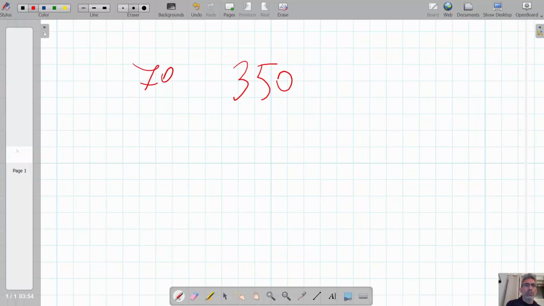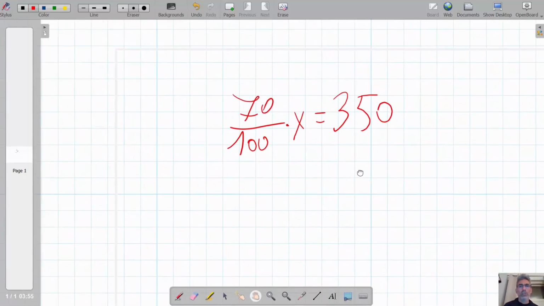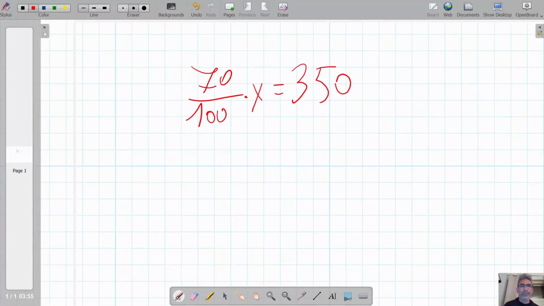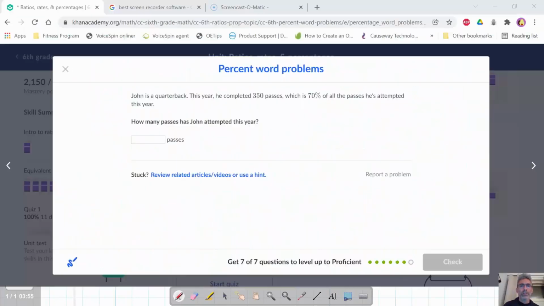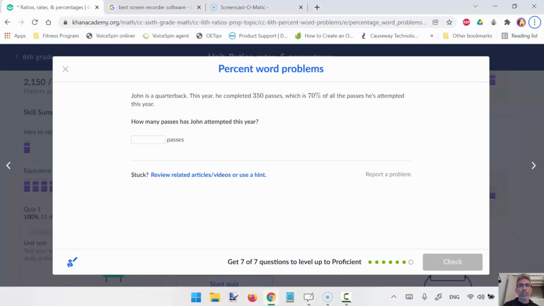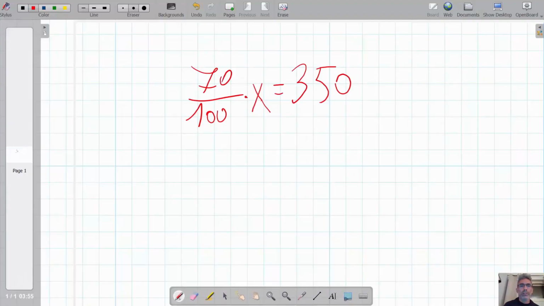So 70% of x equals 350, where x is the number of passes John attempted this year. To know what x is, we need to divide both sides of the equation by 70 hundredths.